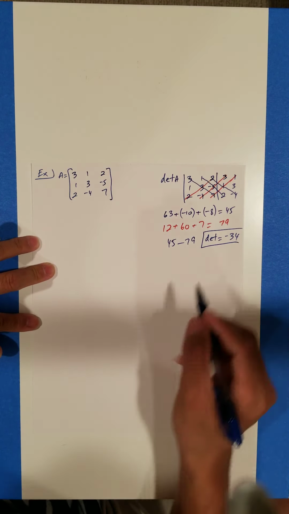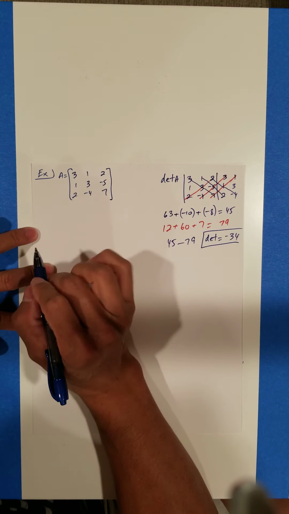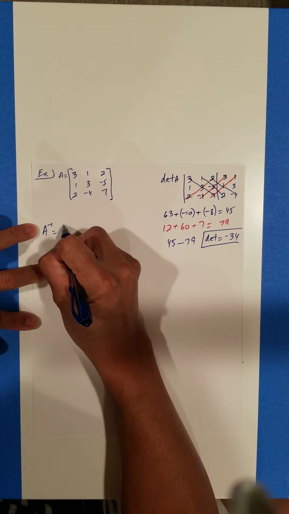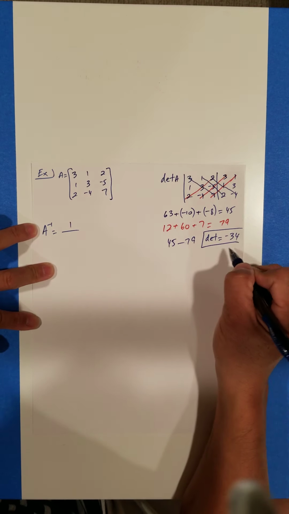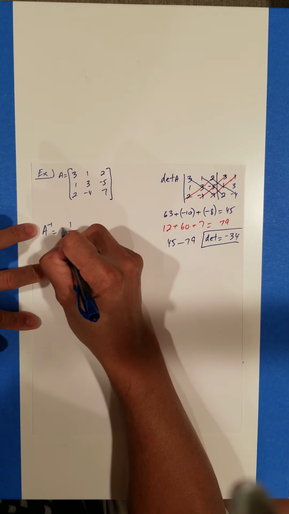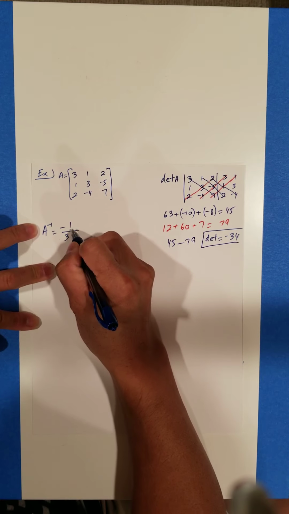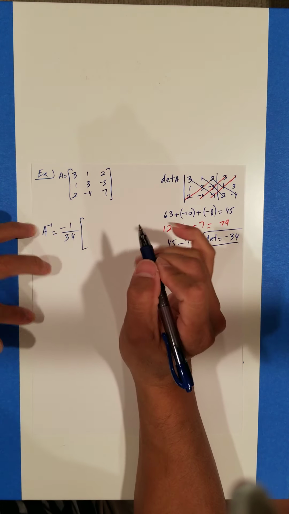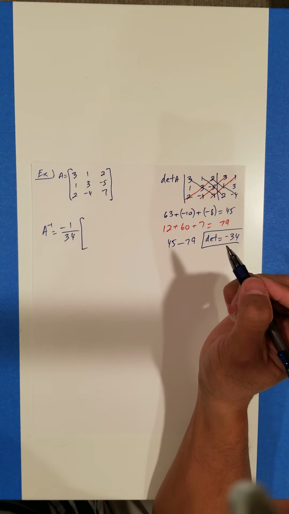So first I found the determinant. So then I know that my inverse is going to be 1 over -34. But the negative is going to float up to be -1 over 34. Okay, so first step, find the determinant.